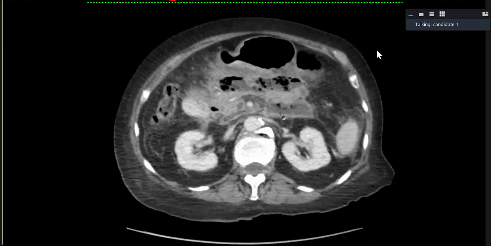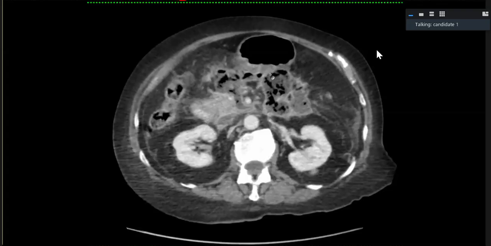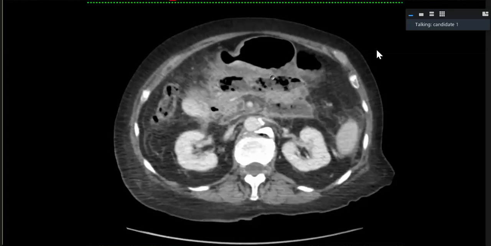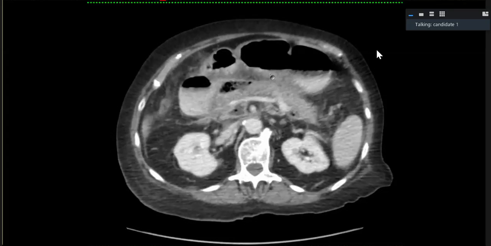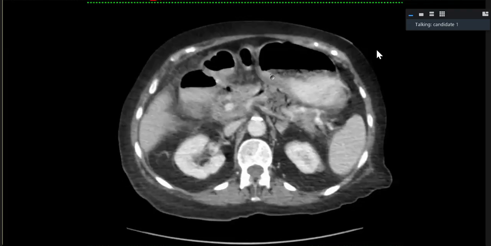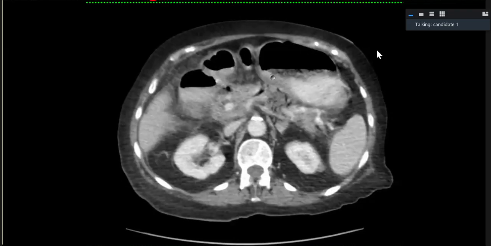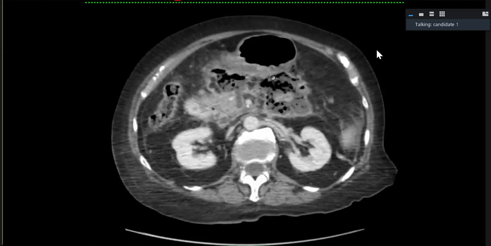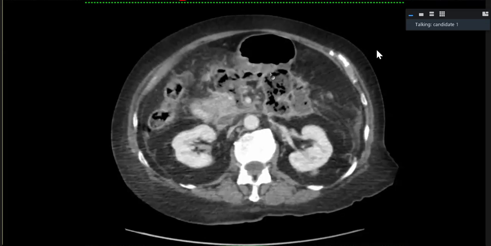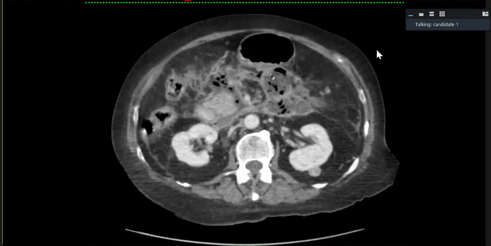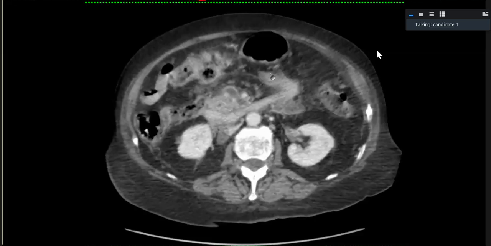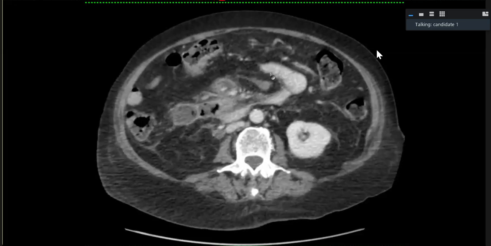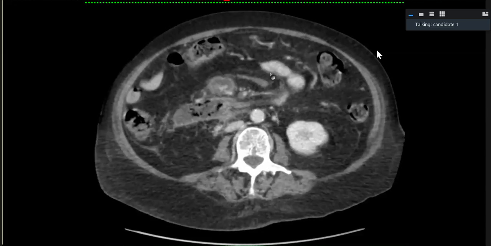It's displacing the bowel anteriorly. The superior mesenteric artery is seen through this fluid collection, however, and seen patent. I wanted to see if there are any other affected organs related to that soft tissue.